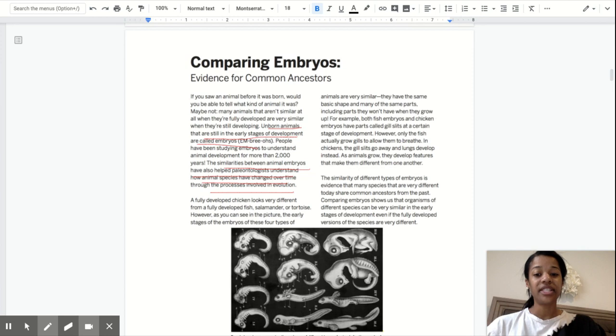However, as you can see in the picture, the early stages of embryos for these 4 types of animals are very similar. Let's circle that. They have the same basic shape and many of the same parts, including parts they won't have when they grow up. For example, both fish embryos and chicken embryos have parts called gill slits at a certain stage of development.